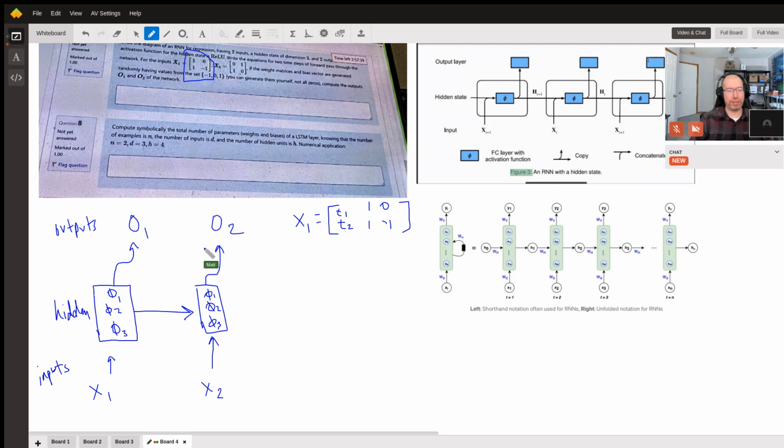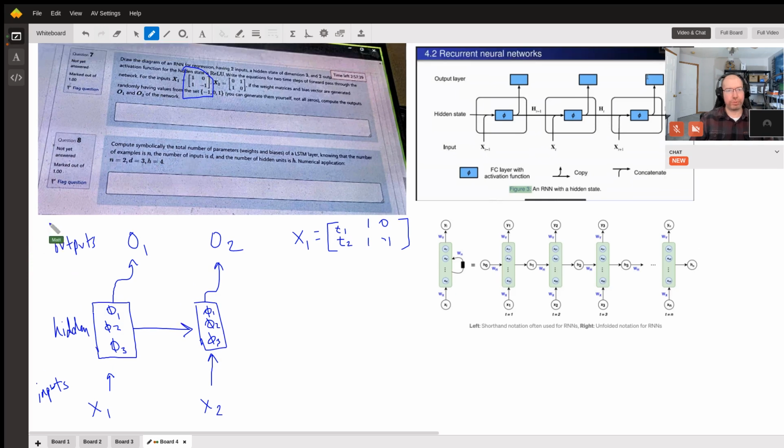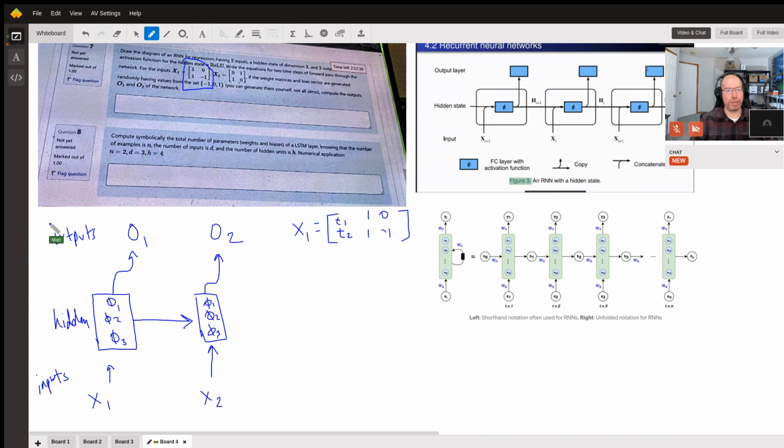Well, if we stick with this, and this is once again one where computing it would be kind of a chore. But we can do it, because what you do is you do your X inputs.